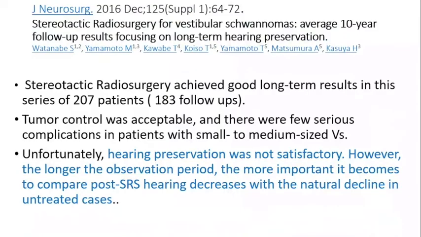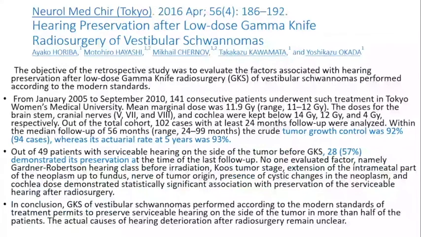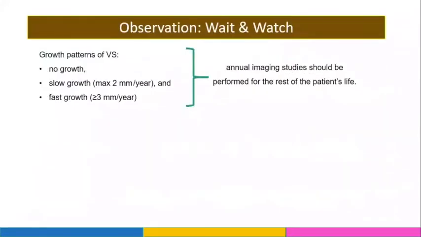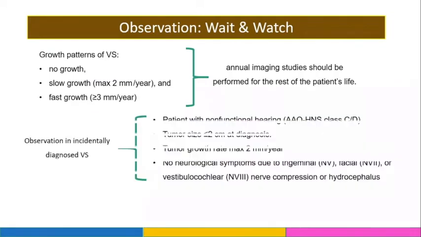On the other hand, you also have papers showing that radiosurgery may preserve the hearing, but most of the papers are showing that over the long term it gets reduced further, and therefore especially low dose gamma knife radiosurgery is recommended for such patients.